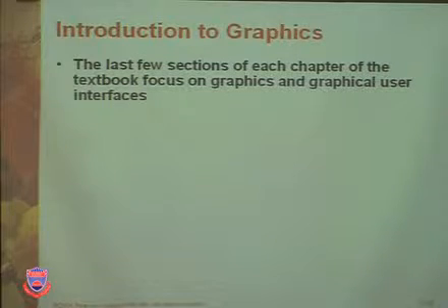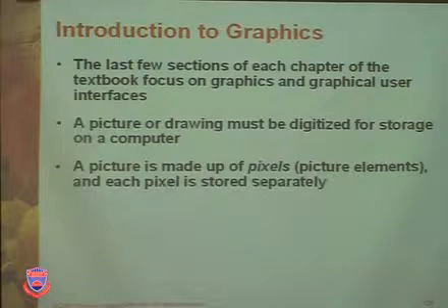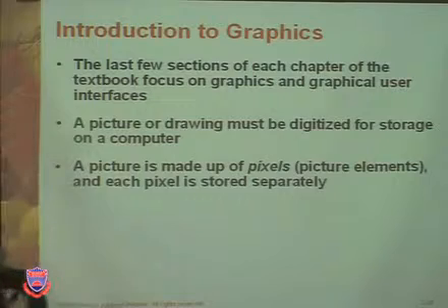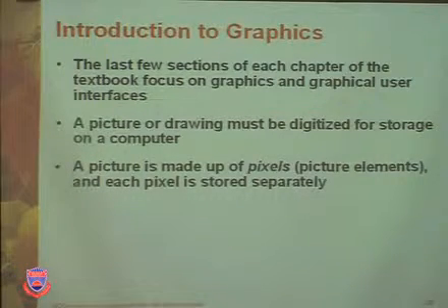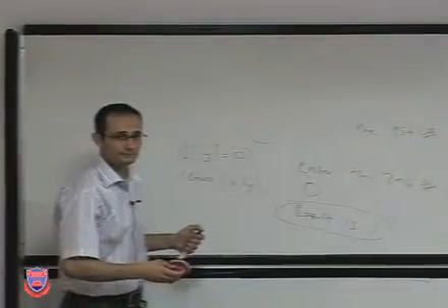So as I said earlier, towards the last pages of every chapter, we are going to have graphical user interface GUI parts that deal with GUI stuff, and we will touch base on those as we go. And as you know, each picture or drawing object you have must be digitally stored and expressed. To do that, in graphics, as you know, you use pixels, right? What does a pixel do?